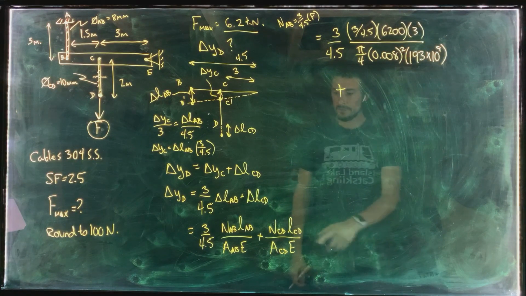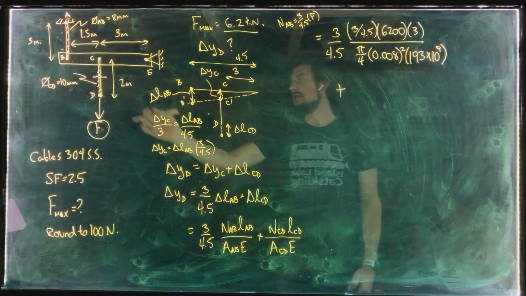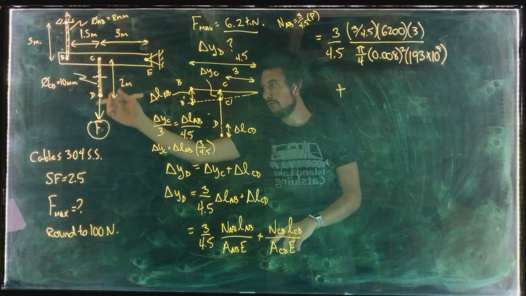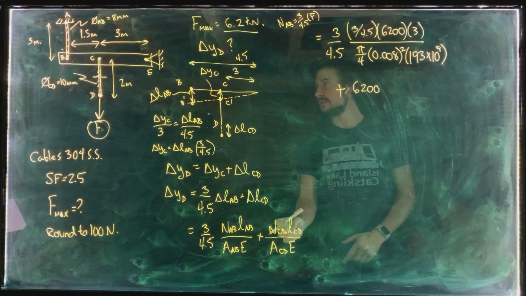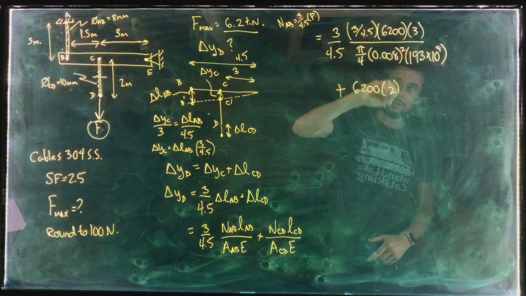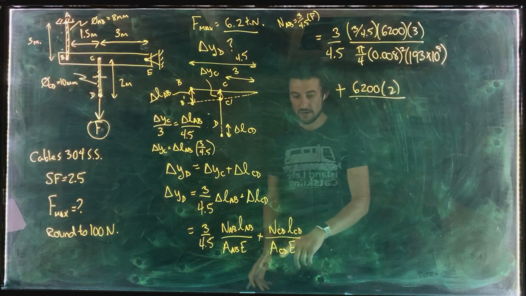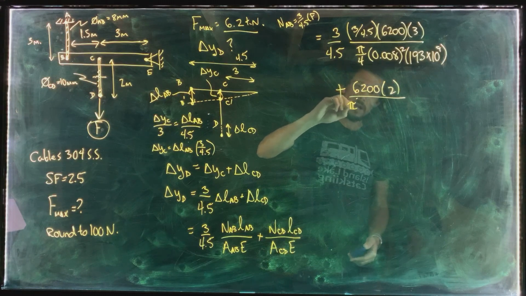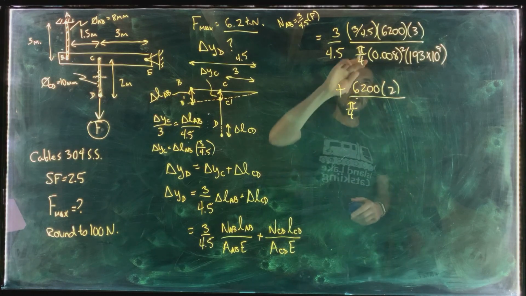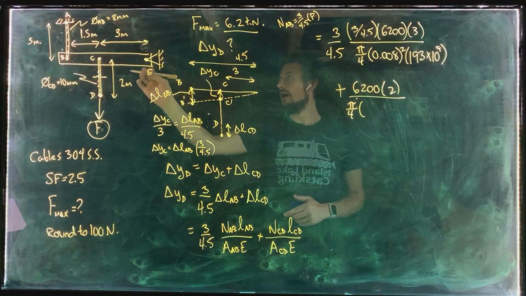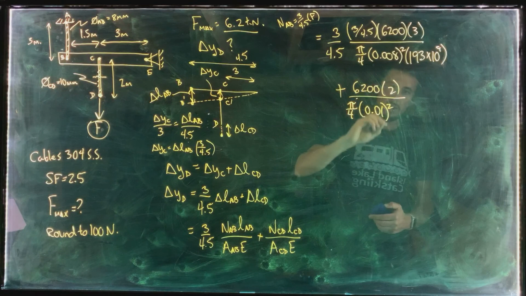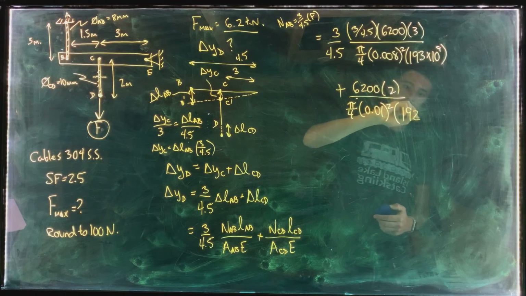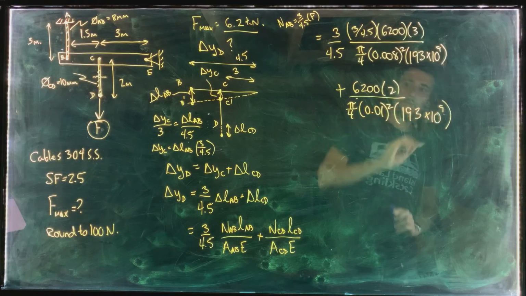So plus NCD, the internal normal force in NCD is load F, and that's 6,200. LCD, 2 meters for that cable length, divided by cross-sectional area for CD, pi over 4, and we've got our diameter of that cable is 10.01 squared, and then same material, 193 times 10 to the 9.